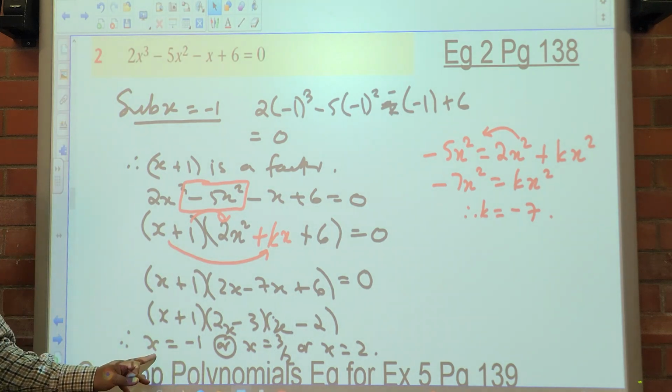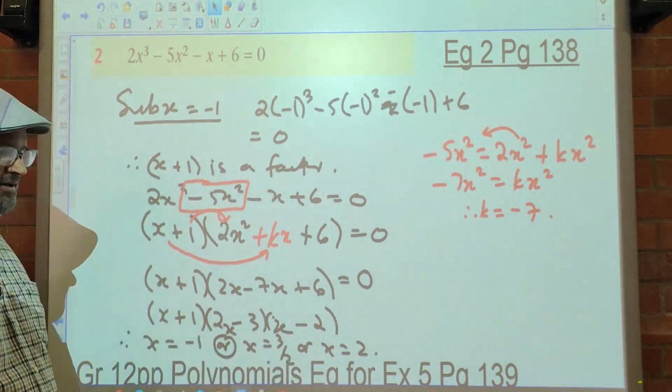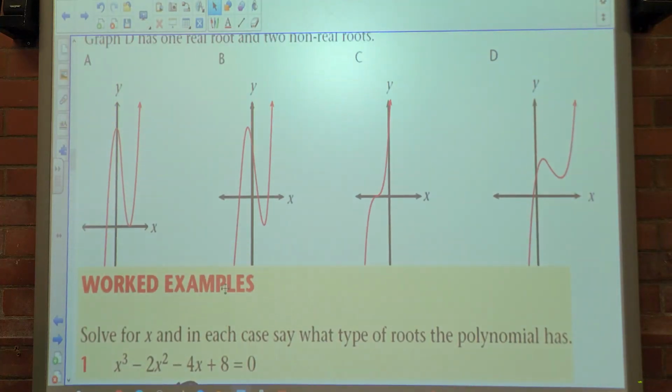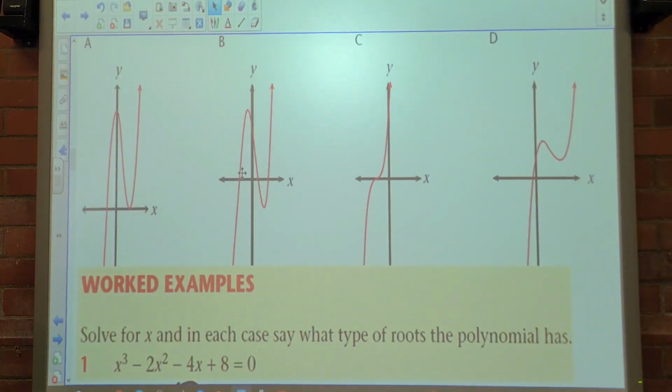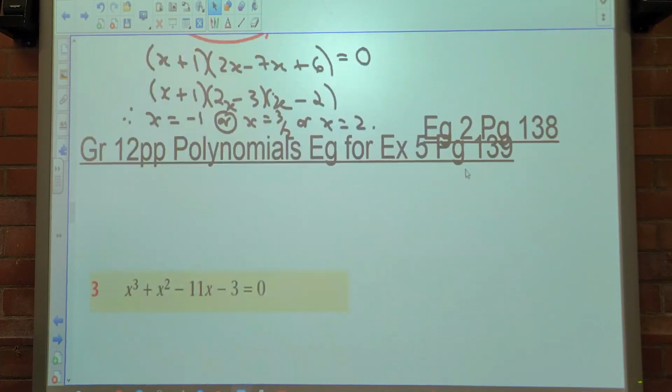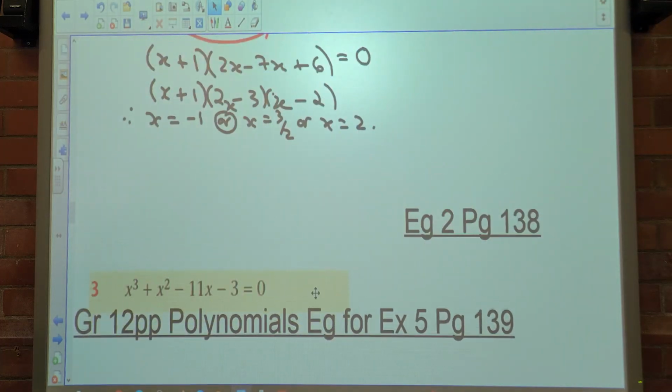Rational, no? All these numbers can be written as fractions. Which type do you think this would be? Type B. Why? Because you've got 3 different roots. The graph could go like that or the other way around. Any confusion there? Any questions? No?